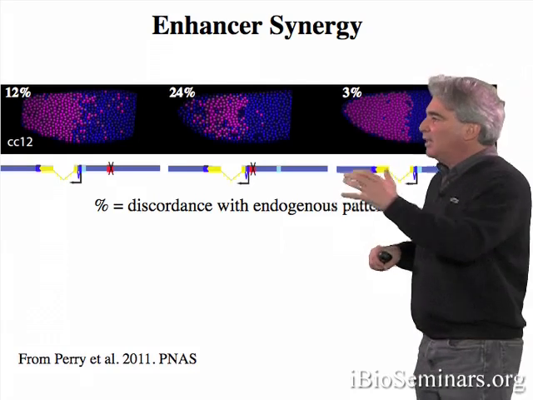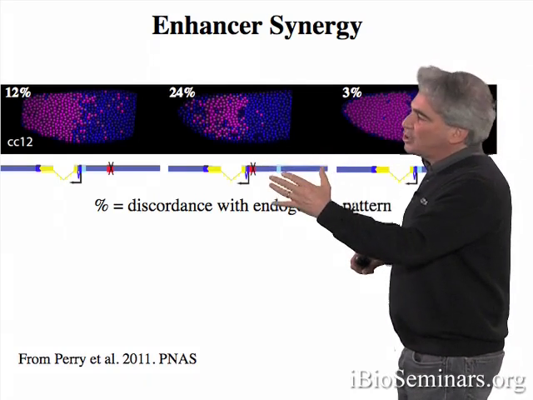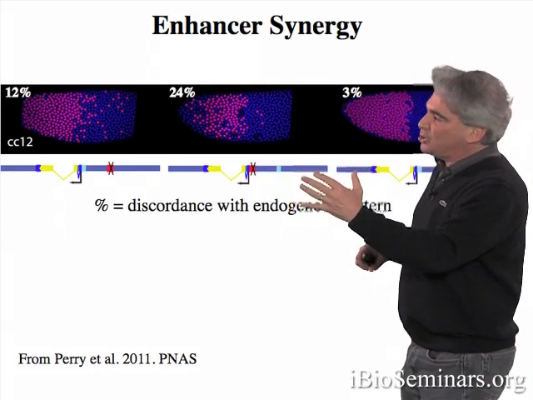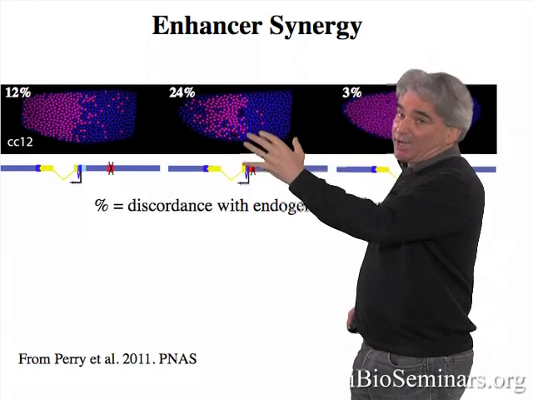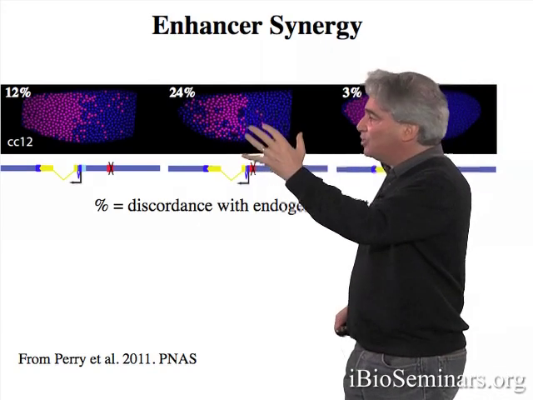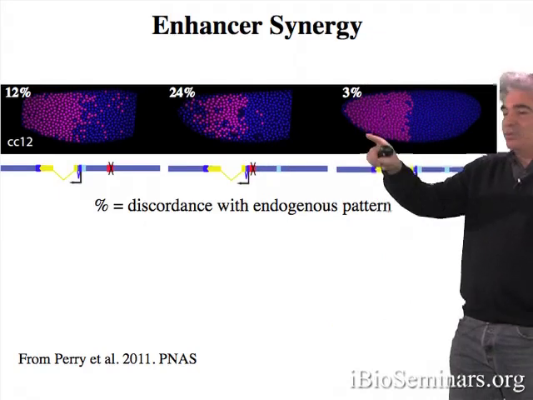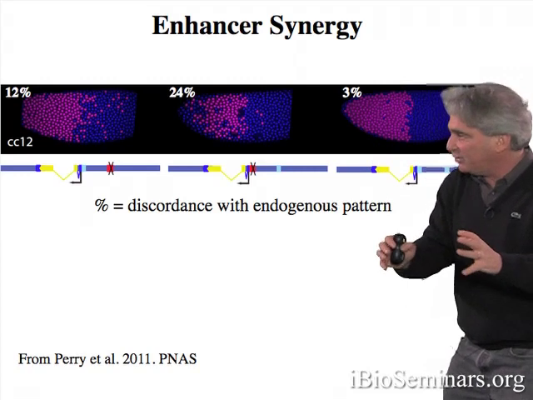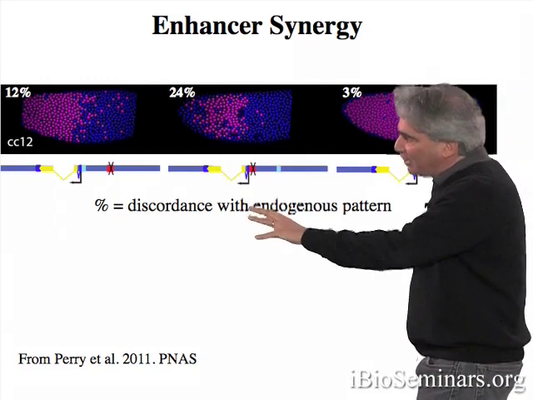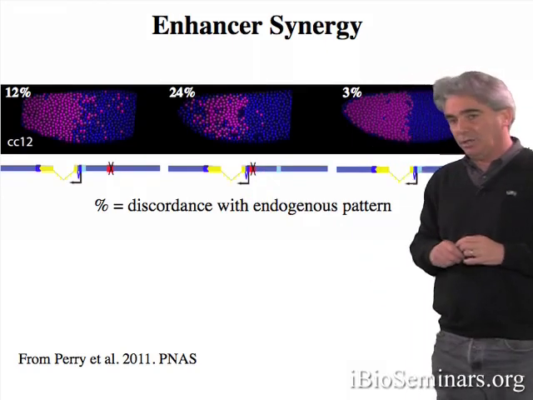So for example, in the middle panel, 24% of the nuclei which express the endogenous hunchback gene fail to show expression of the BAC transgene. So that's a very high rate of discordance, whereas when you have both enhancers intact, you only have a 3% discordance. That pattern with the two enhancers is much more faithful than the patterns produced with either the shadow enhancer or the primary proximal enhancer alone.